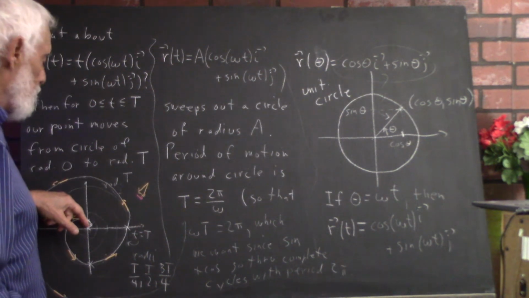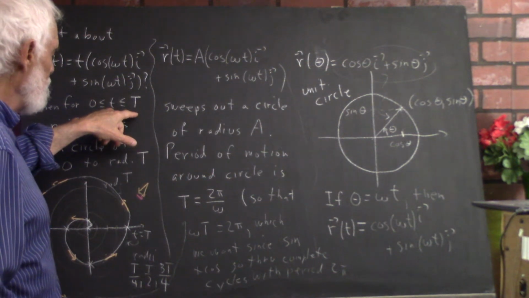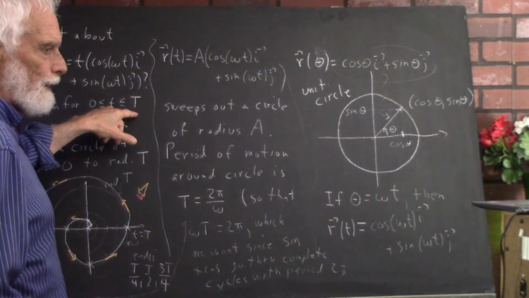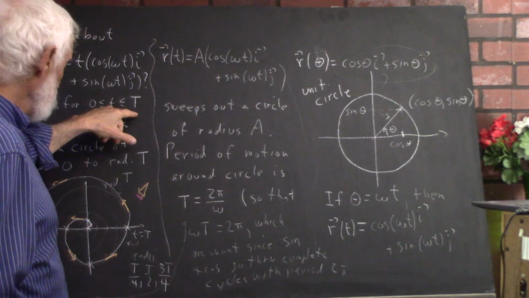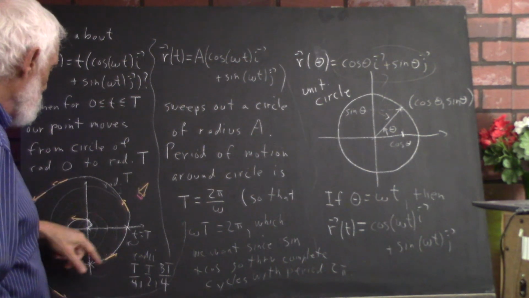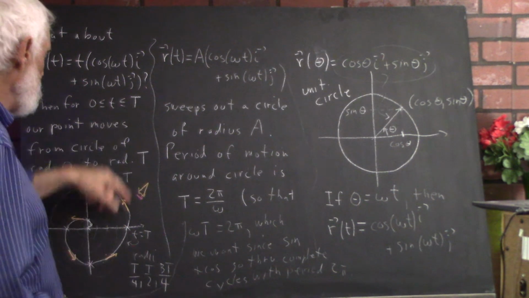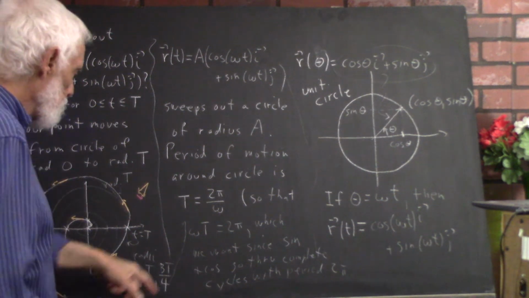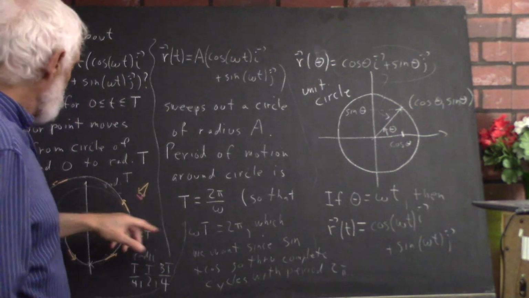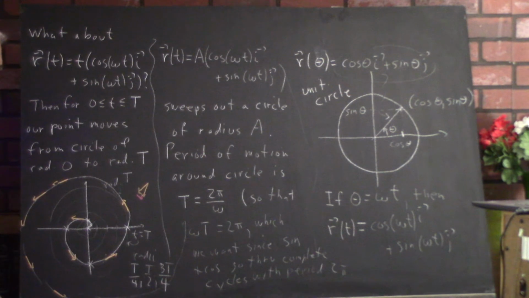For the first period of the angle, you start here and you move around to here. Of course, t can keep going past big T, and you can go around through another cycle of theta with your distance from the origin constantly increasing.